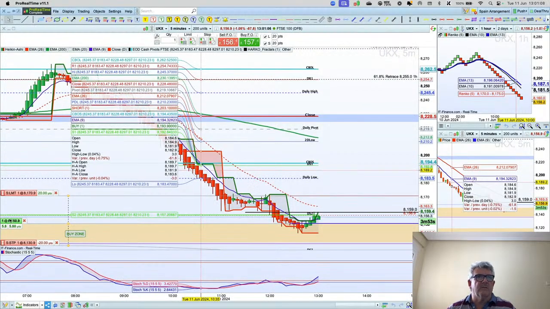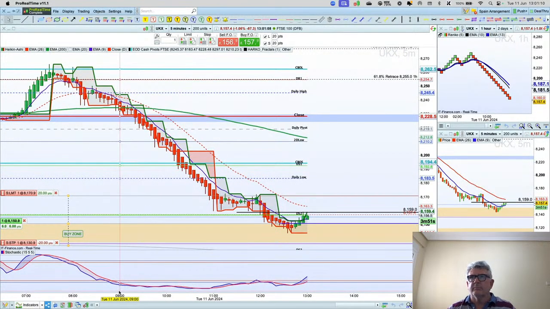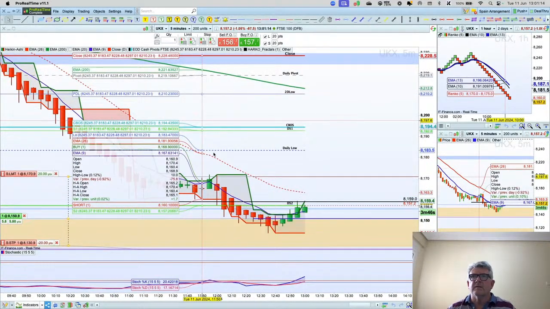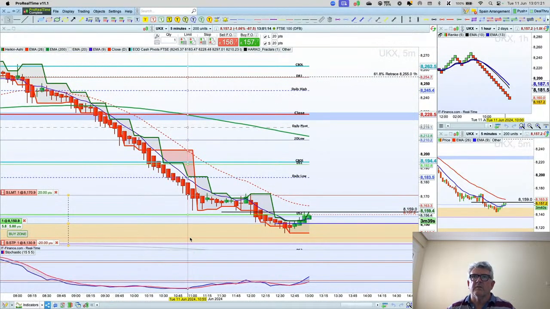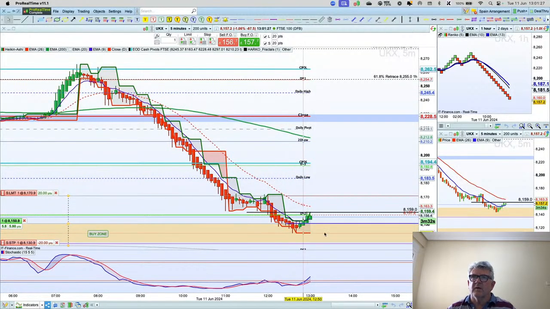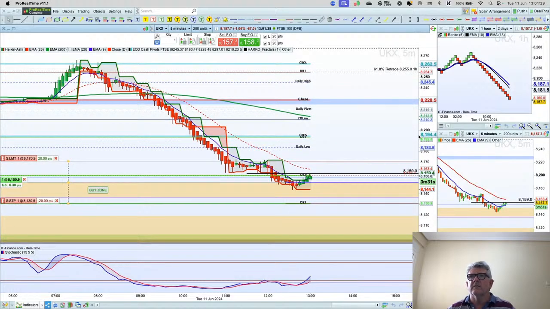It's starting to climb itself out of the pit. As you can see, we're getting some nice structure. 5-minute fractal here, another 5-minute fractal setting up. We still haven't broken structure. This is the 5-day ATR trade, of course. And this is where I thought the market might reverse, and it looks like it might.